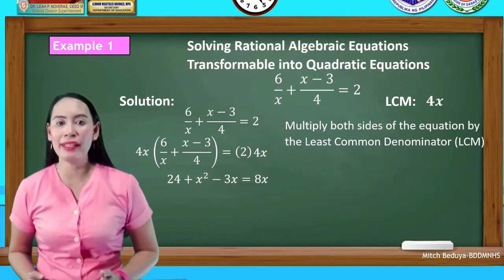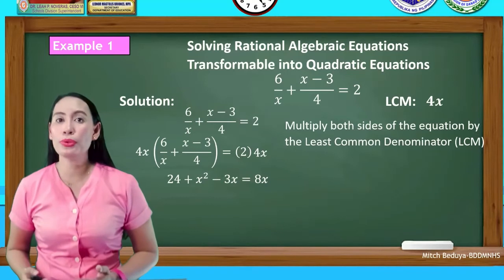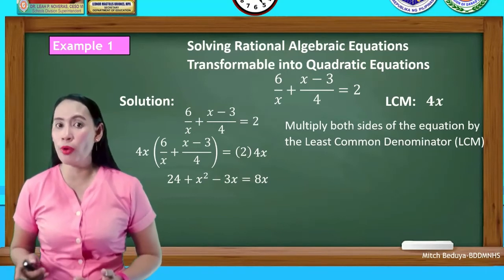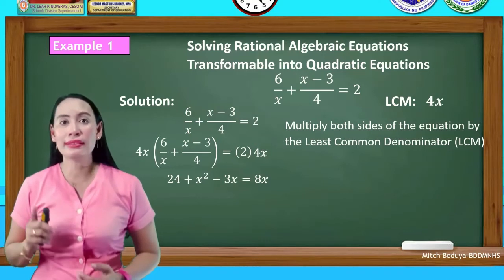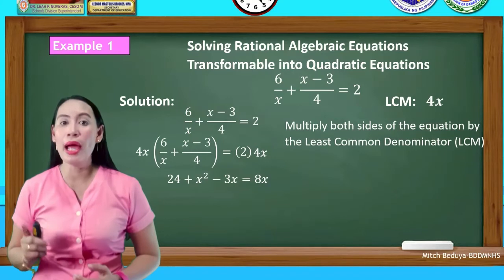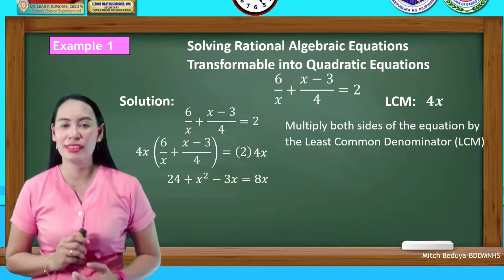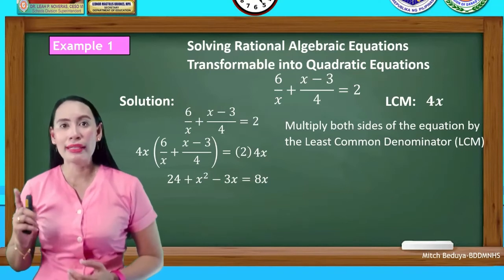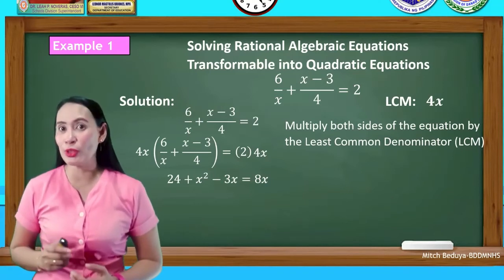We multiplied 4x to x minus 3 over 4. 4 divided by 4 is 1. x times the quantity x minus 3, that is x squared minus 3x. Next, we multiply 2 times 4x, that is equal to 8x.